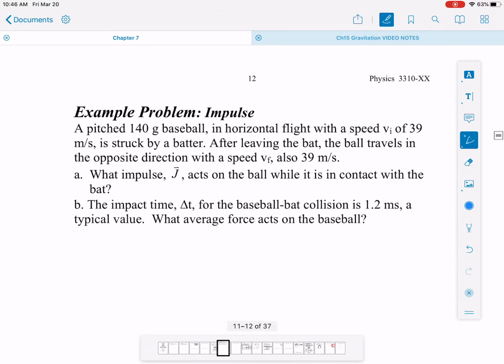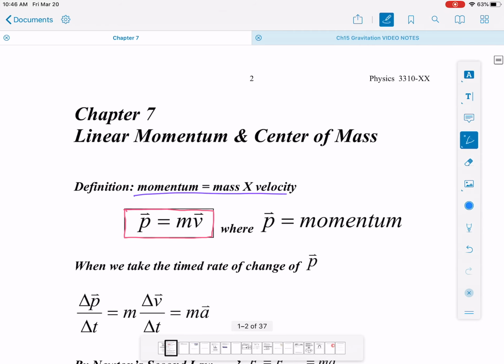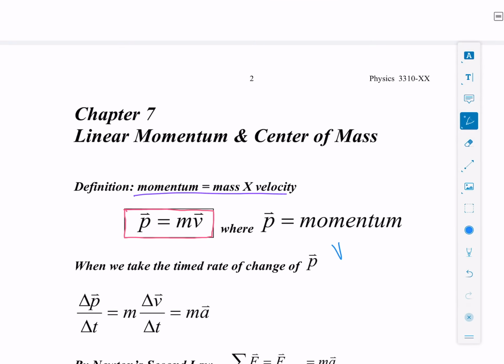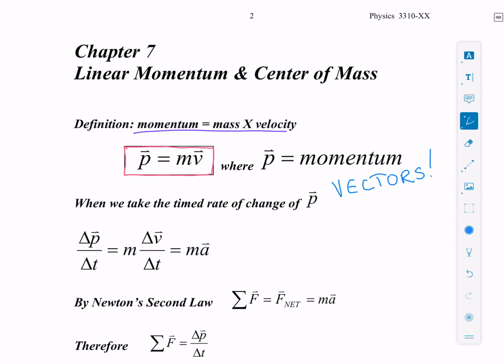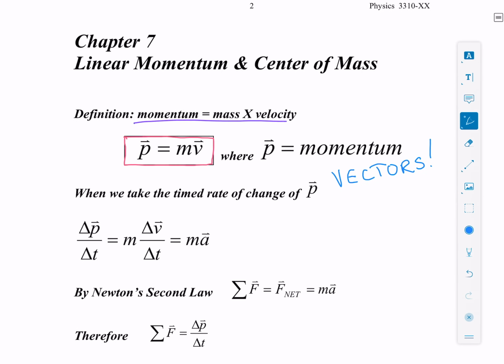This means that they are vectors. So direction does matter. You can have forward momentum, you can have backwards momentum, you can have north momentum. You need to worry about your direction when you're dealing with momentum.